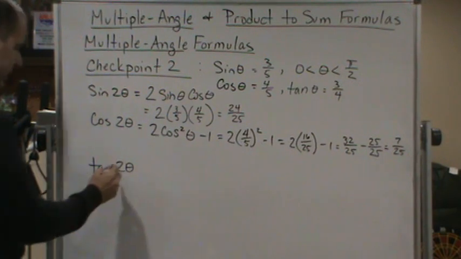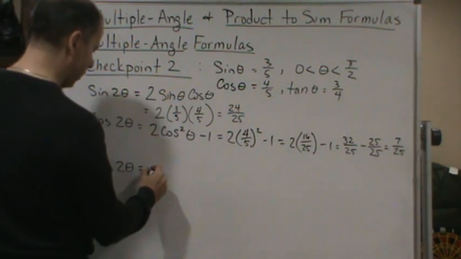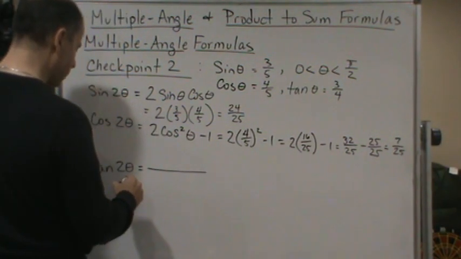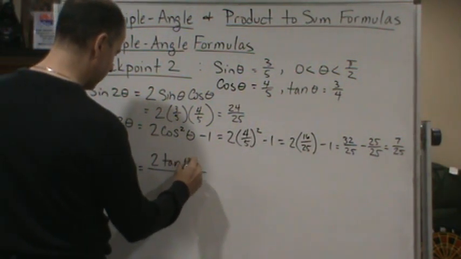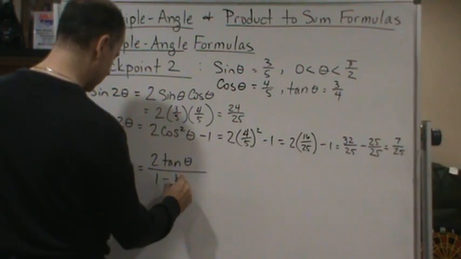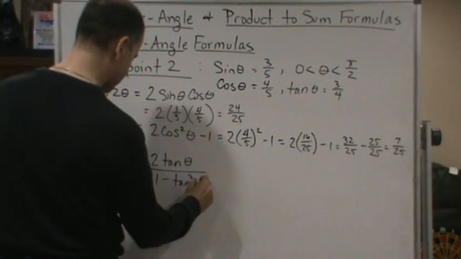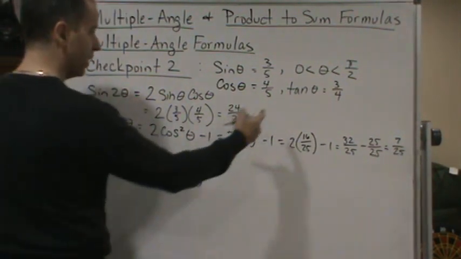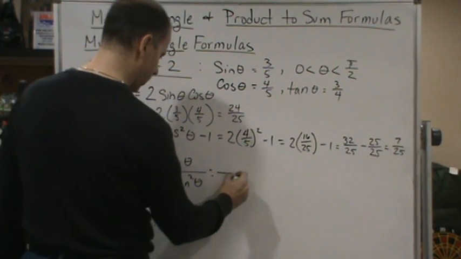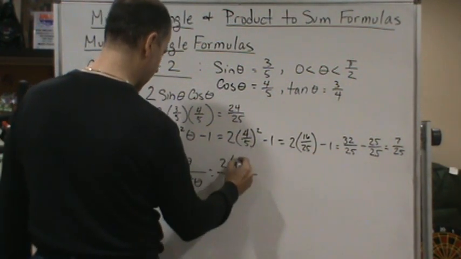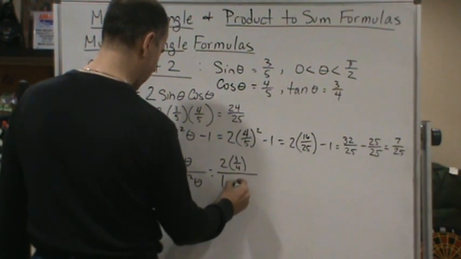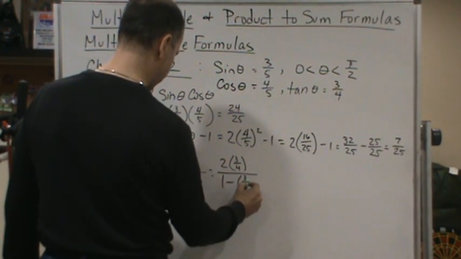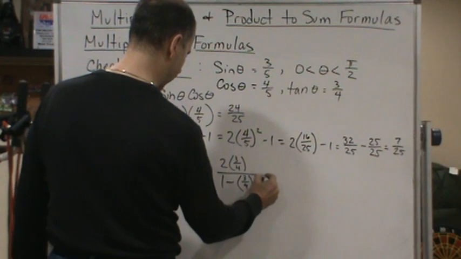And finally, tangent 2 theta, that's going to be equal to what? 2 times tangent theta over 1 minus tangent squared theta. Tangent is 3/4, so this is going to be 2 times 3/4 divided by the quantity 1 minus 3/4 squared.